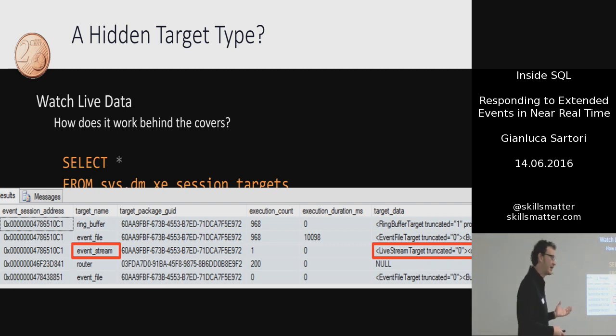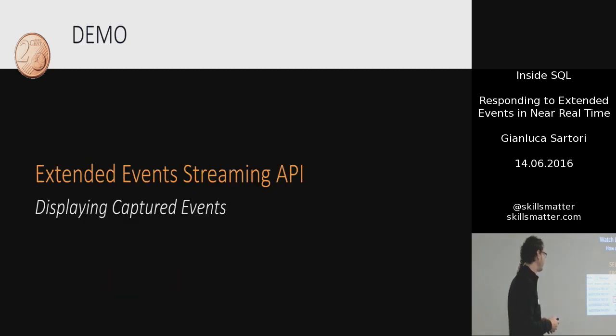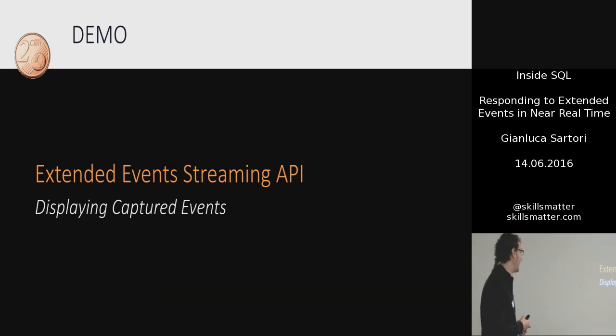So that means that we have a target type that is not documented in Books Online, and it will be available through something different from what we have in T-SQL, which is the Extended Events Streaming API. And I will show you how it works with a quick demo.